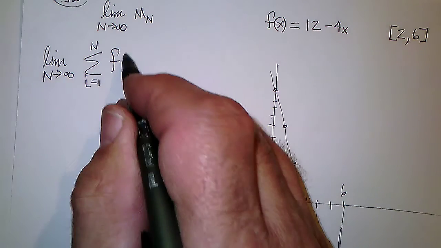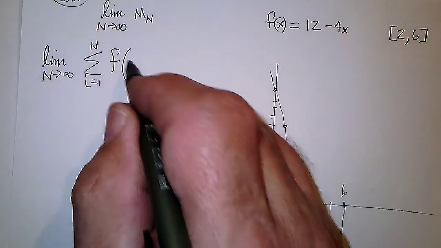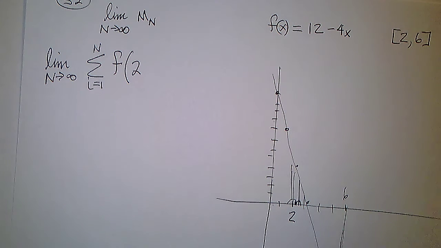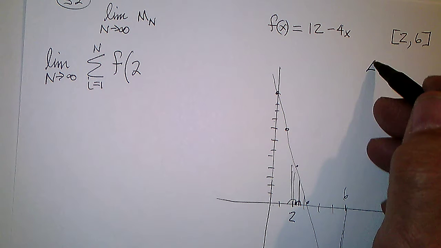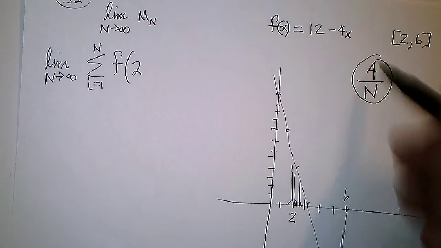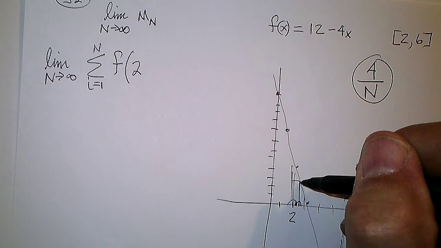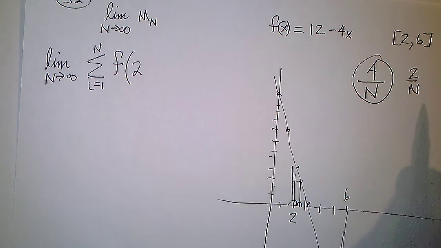So I have to go f of the beginning place, which is 2, back a half of width. Well, from 2 to 6 is 4, and I'm splitting this n times. So that's the width of a full one. So a half one is 2 over n.